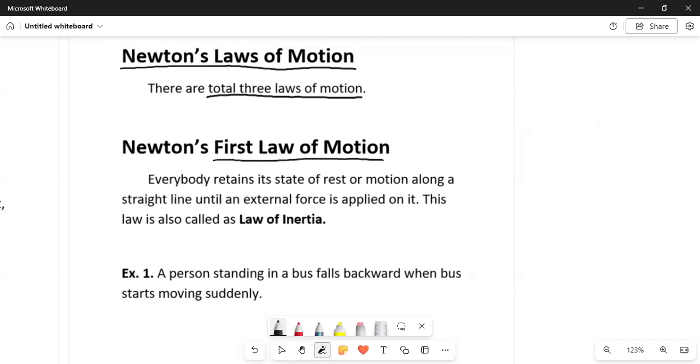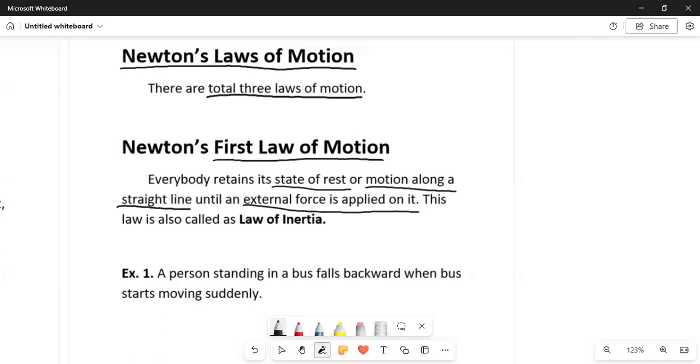Okay, so this law states that every body retains its state of rest or motion along a straight line until an external force is applied on it.